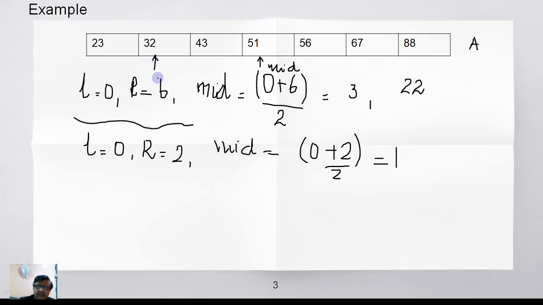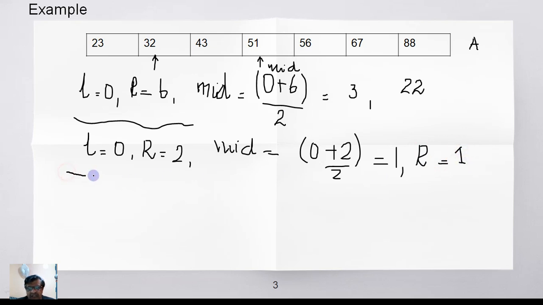Once again comparison will happen. Key is not equal to A of mid. Therefore once again R will be shifted as mid minus 1. So before the iteration is completed, R becomes mid minus 1, that is 2 minus 1, it becomes 1.